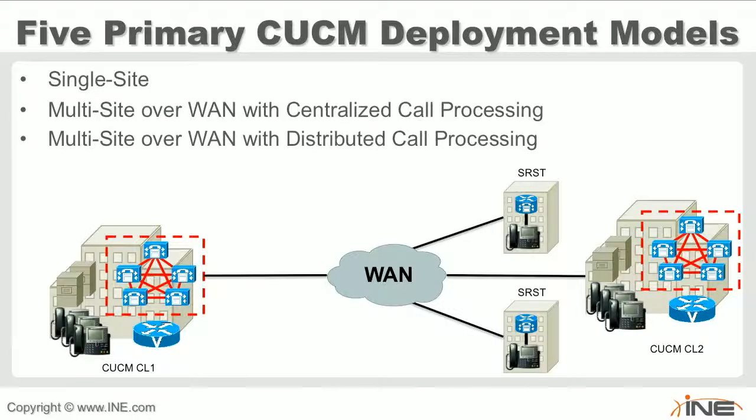When we talk about CIPT2 and distributed call processing, we get into some really cool things, such as the ability for 2 different clusters to dynamically exchange their DNs, their directory numbers, back and forth. And even SRST and CME can join in on that action as well.